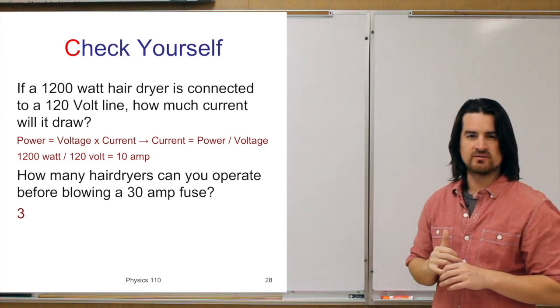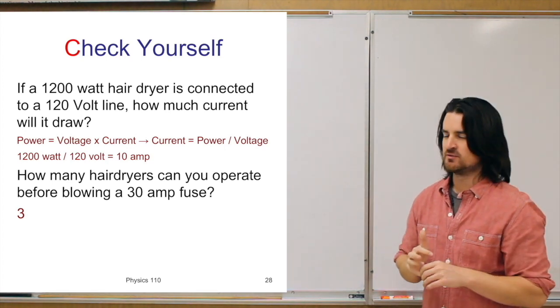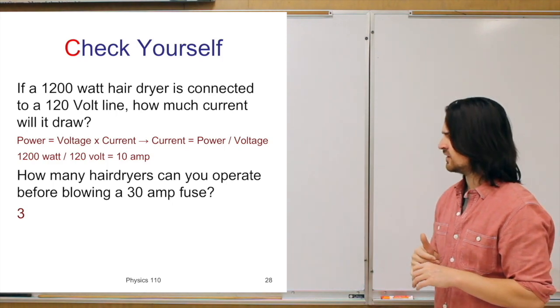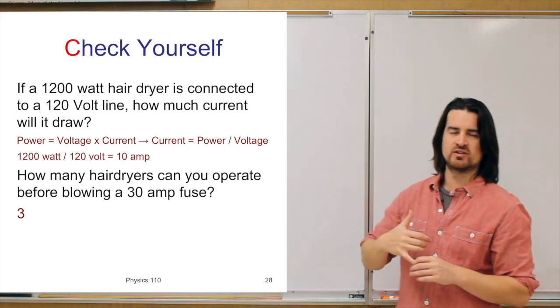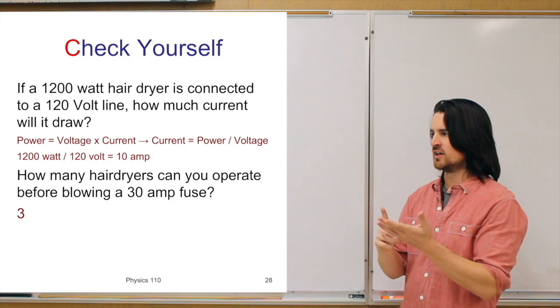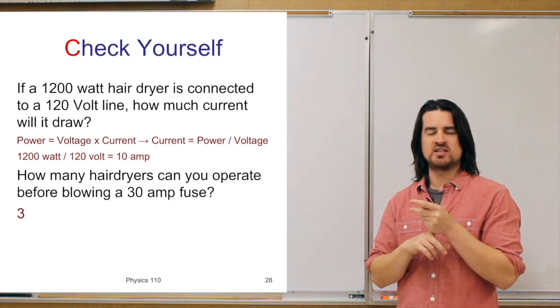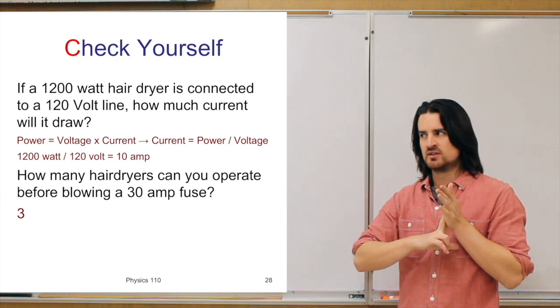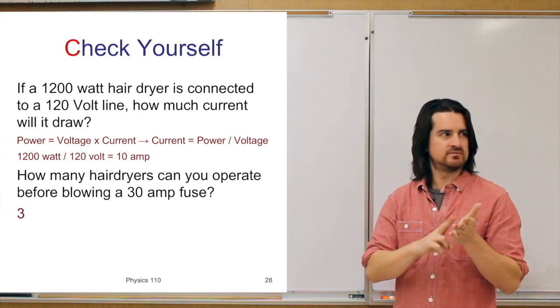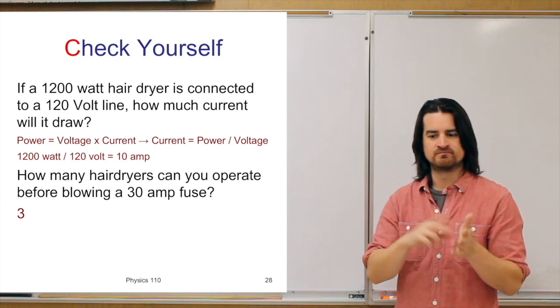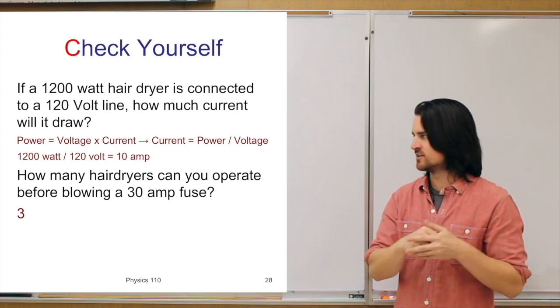10 amps is quite a lot of current, remember? Even 1 amp is a lot of current. Things like hair dryers tend to draw a lot of current because, for one, they're using that current to heat up heating elements, so that you actually heat the air, and to drive some kind of fan or pump to move that air too.